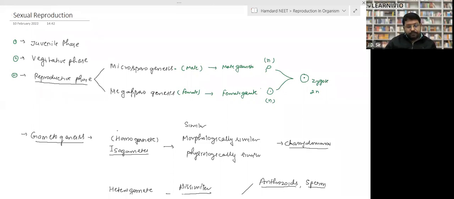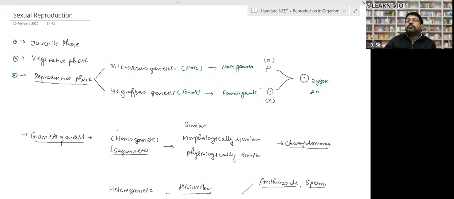Full stop. In sexual reproduction, a male gamete fuses with a female gamete to form a zygote. Full stop.